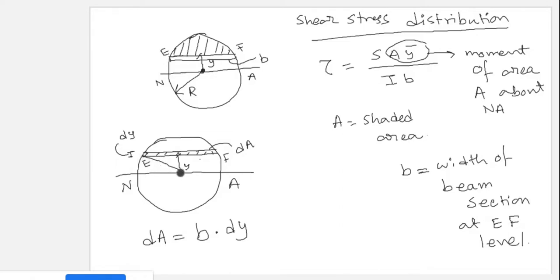See, this is a radius as well at any point from the center. So this is R. Now, this is the perpendicular distance from this neutral axis.